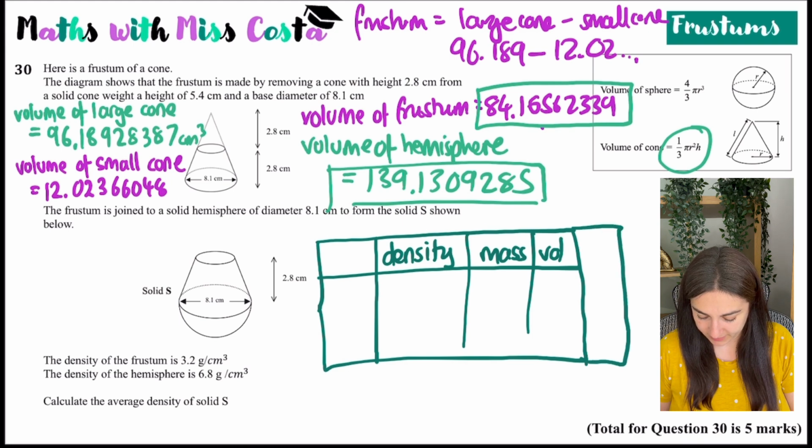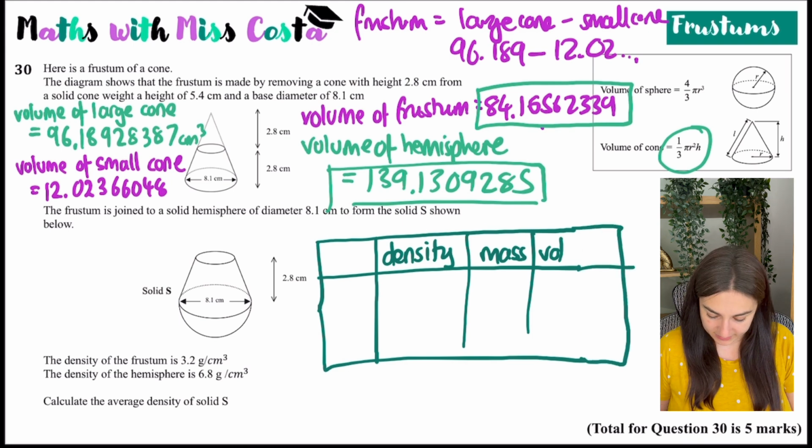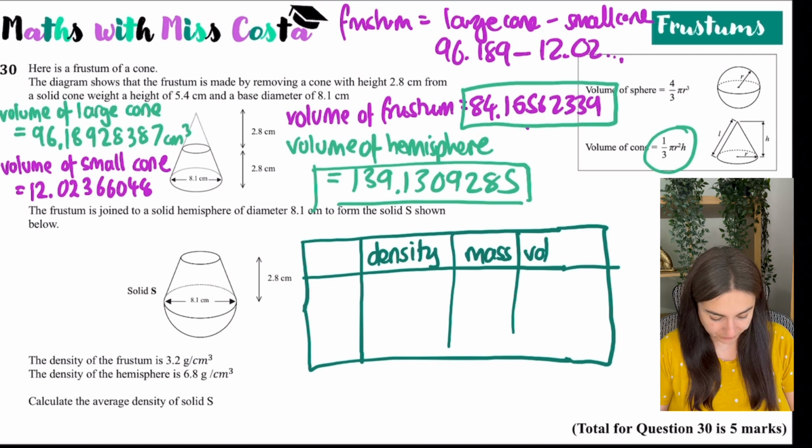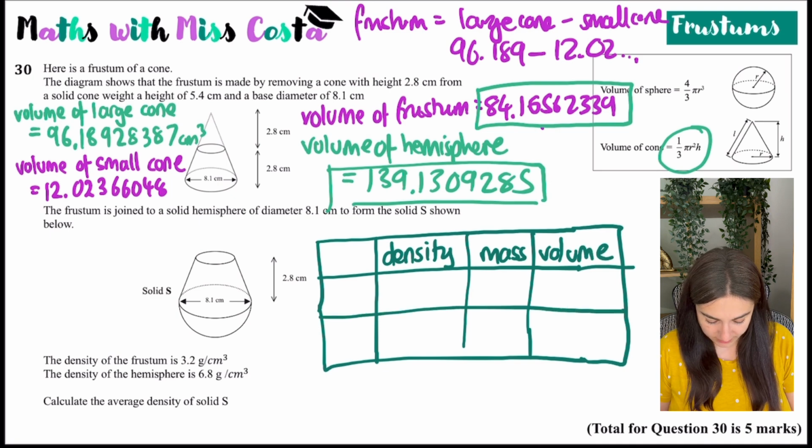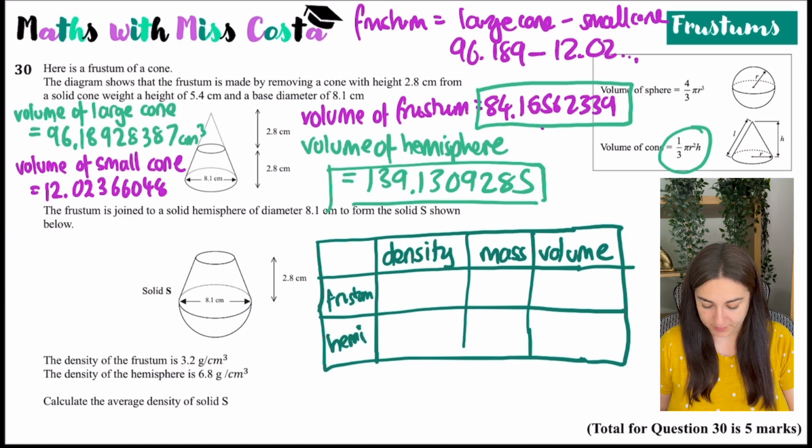Let's make this a bit bigger. Why is this failing? Okay, and then you've got frustum and hemisphere. Call you Hemi.